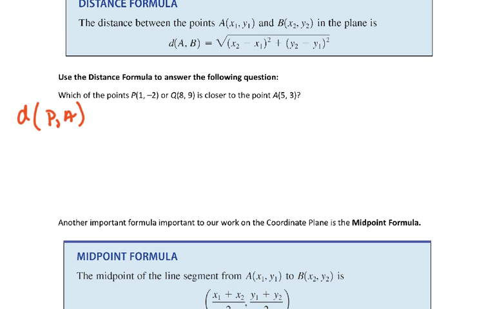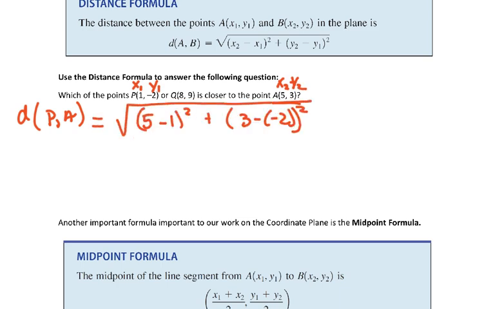I'm going to call my P point my x1 and y1, and my A point x2, y2. Now we're just going to plug that straight into our formula: x2 minus x1 all squared, and then y2 minus y1, and notice that's minus a negative 2, all squared.